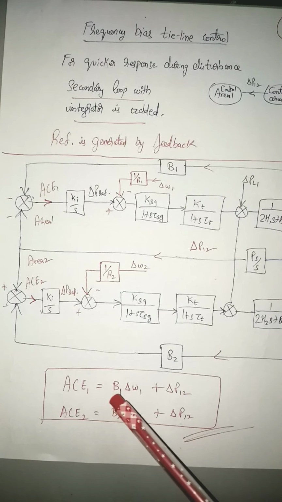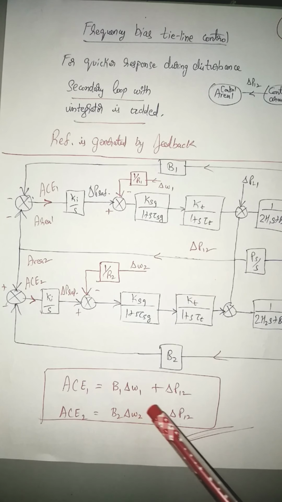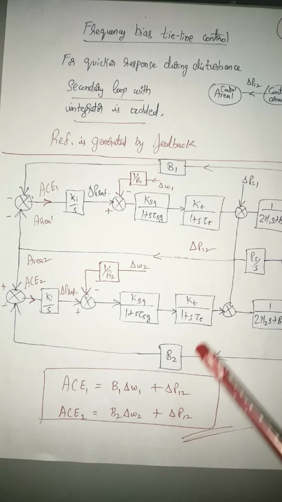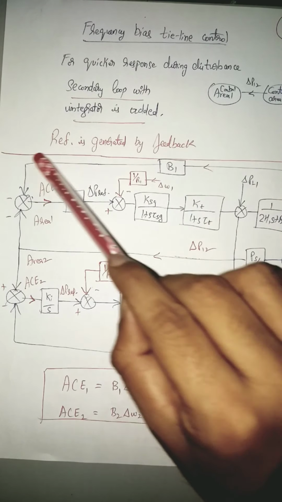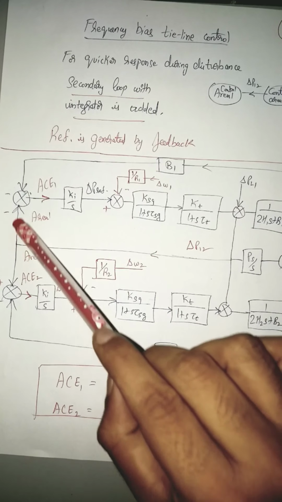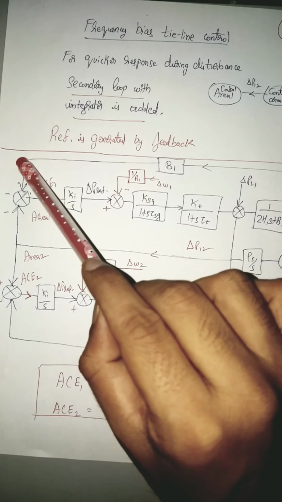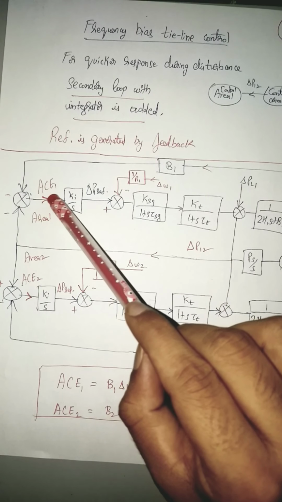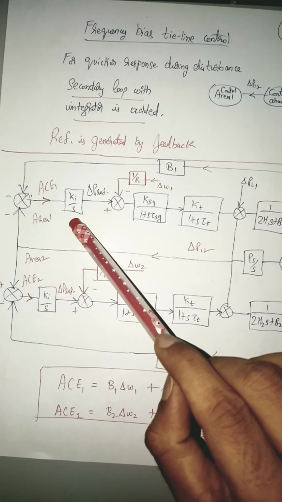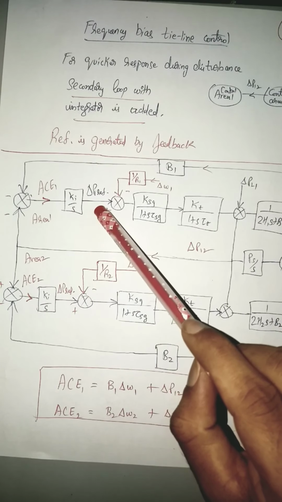ACE is given by B1 delta omega 1 plus delta P12. So you can see delta P12 comes from this point and delta omega 1 into B1 comes here. So delta P12 and B1 delta omega 1 get added and the resultant is ACE1, area control error, which when fed through an integrator will generate the reference power.